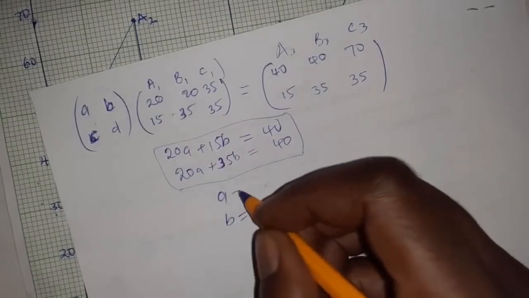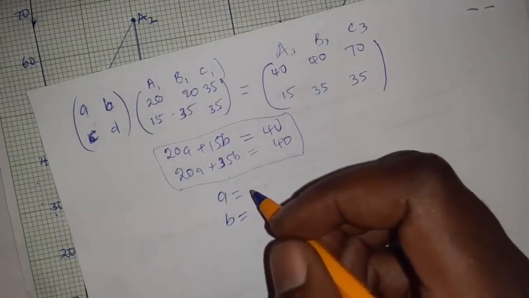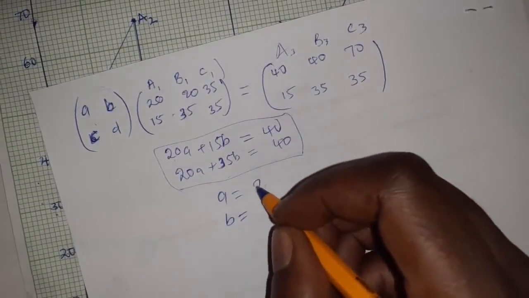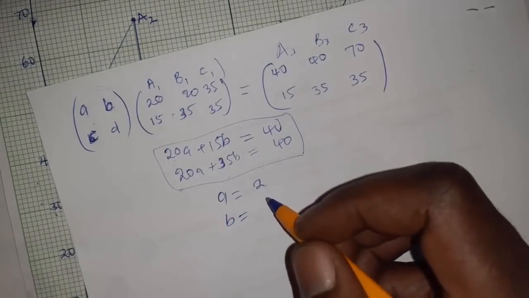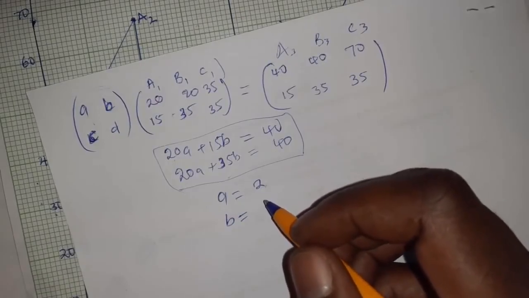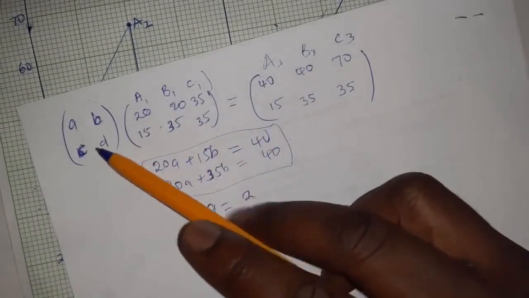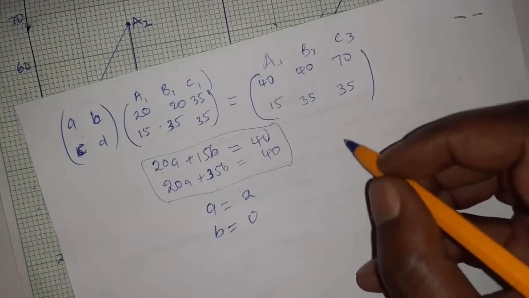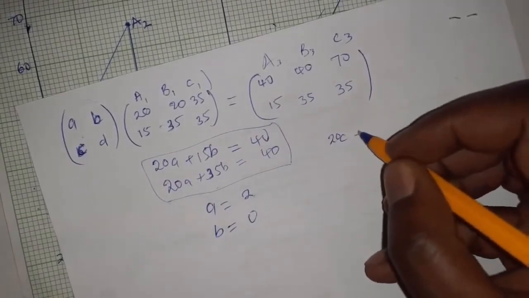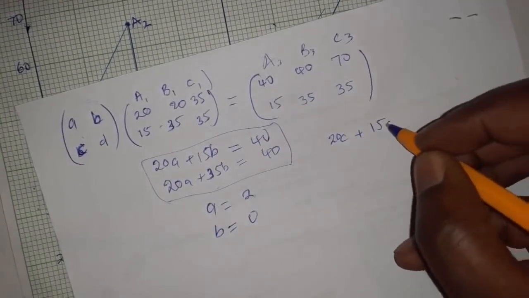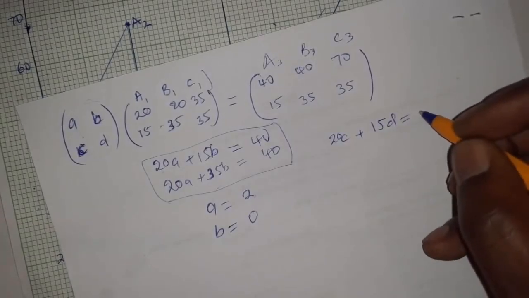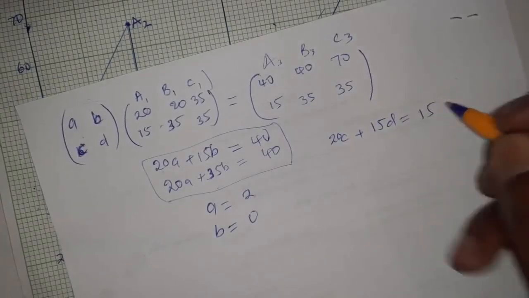You also get B. So you're going to get that your A is going to be 2 and your B is going to be 0. You can work them out simultaneously. Then you can also do for C. C, you can say 20C plus 15D is equals to 15.